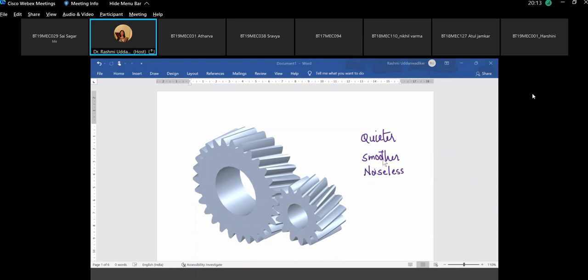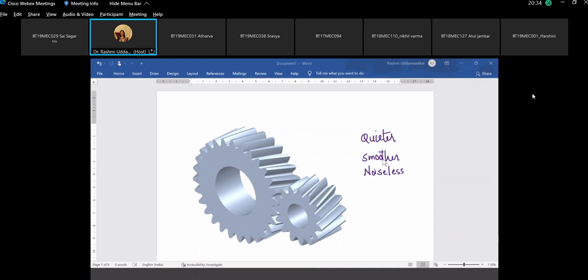They are more like static, but then there is a power transmission role. So these spur gears, they'll be used, as I said, in textile industries, in punching press machines, and such kind of operation. All automobiles will by and large use helical gears, with an exception.